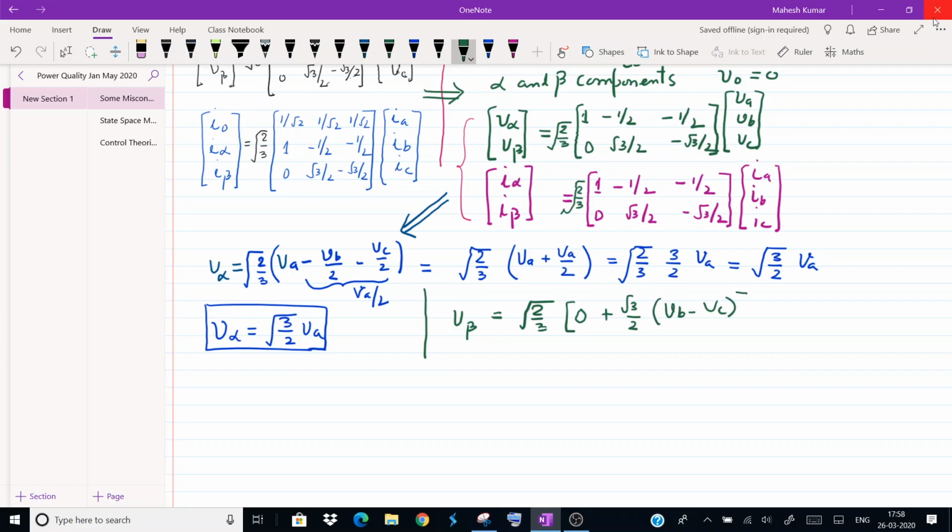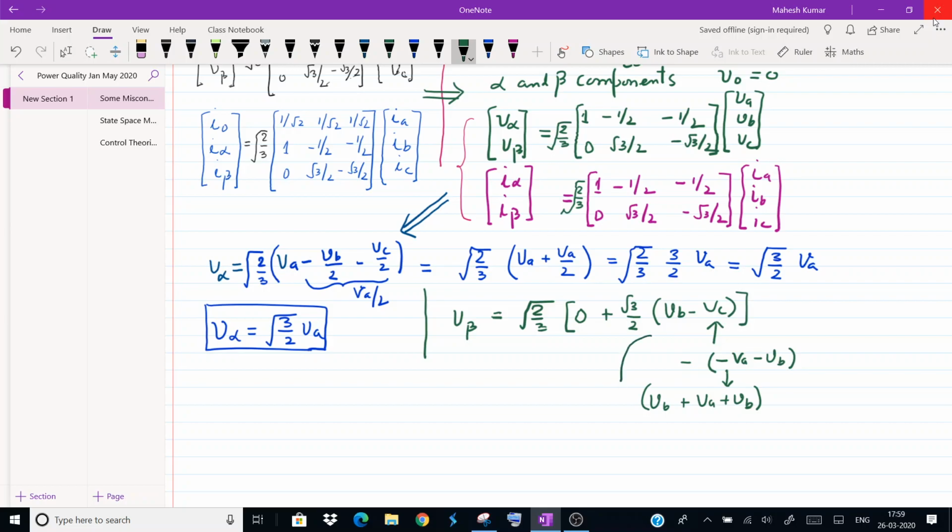Close this bracket. And we replace VC in terms of VA and VB. So they become minus, VA minus VB. So this becomes plus VB plus VA plus VB, and this becomes nothing but VA plus 2VB.